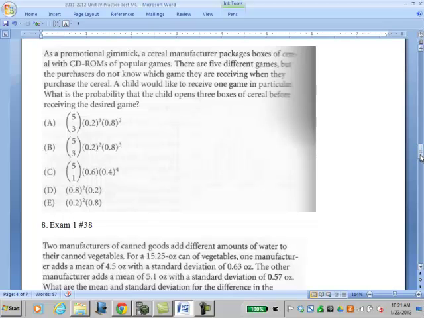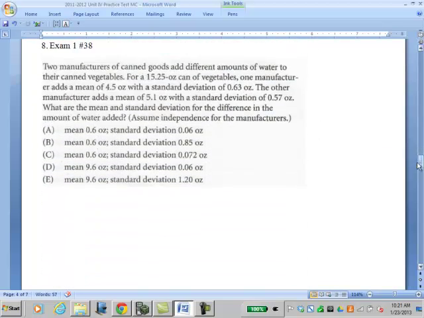Okay, 8. 2 independent, continuous random variables. What's the difference between how much water is put in by the 2 manufacturers? One guy puts in 4.5, and the other guy puts in 5.1. So we've got can 1 minus can 2.